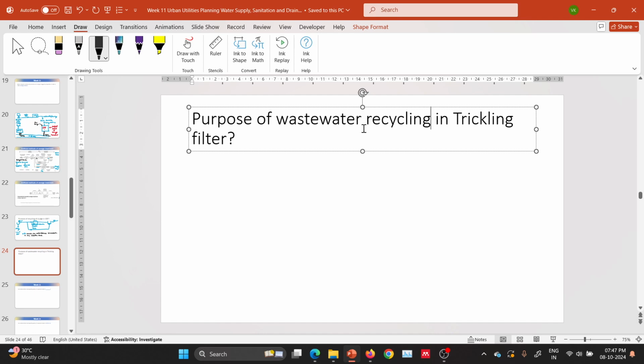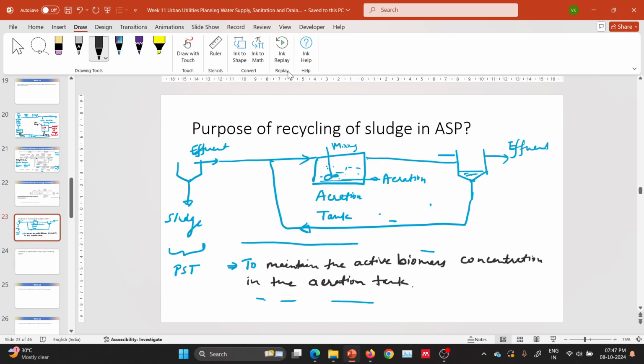In the trickling filter, in the previous slide you can see only the settled sludge is recycled, not the effluent.